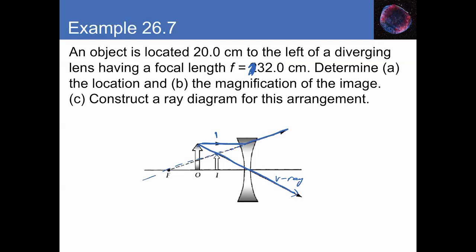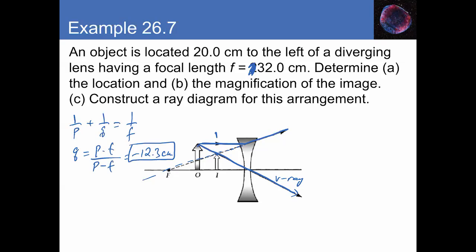Then we can use this equation: 1 over P plus 1 over Q equals 1 over F. I can just use this equation where Q equals P times F over P minus F. So plug in the values, and we should get negative 12.3 centimeters. That's the image position. Again, it's negative because it's in front of the lens.